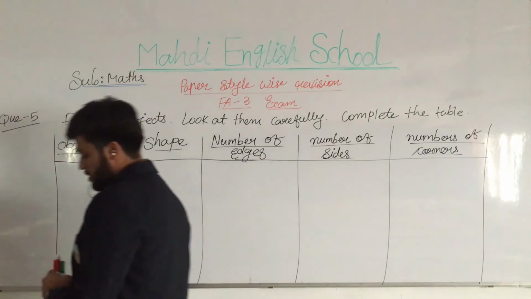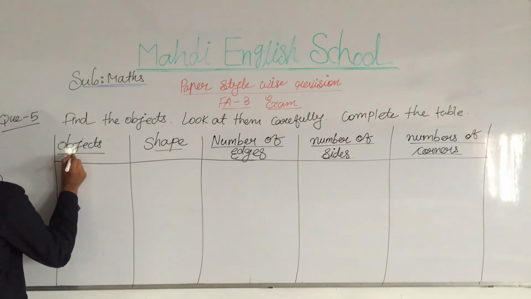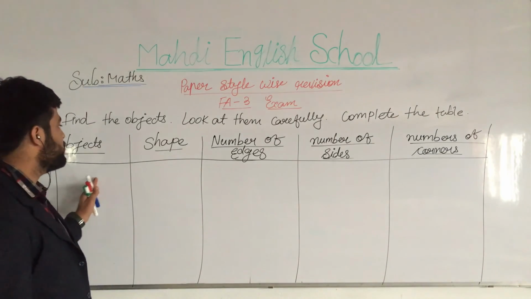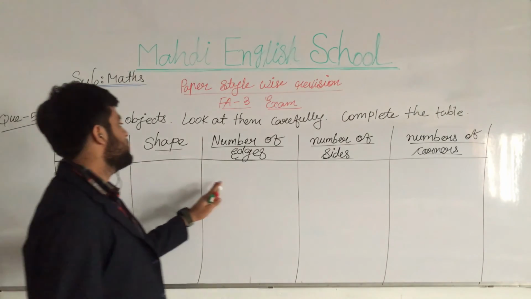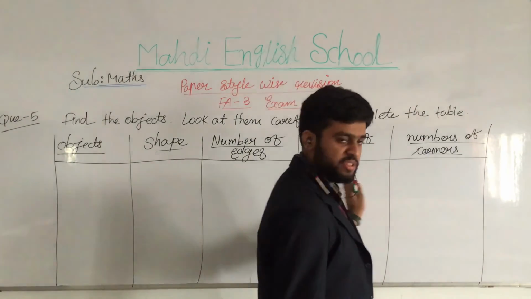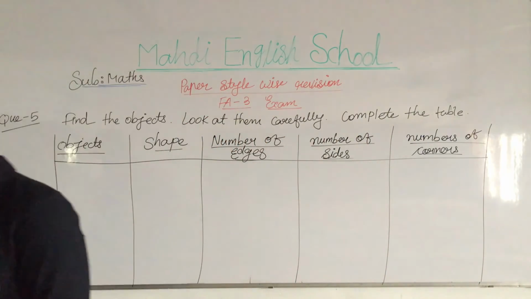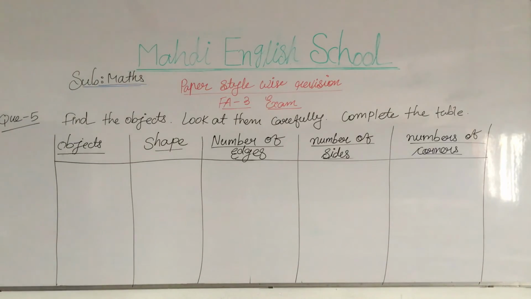So, my dear students, these are all the things we are going to learn. Now I will give you time. You have to write the objects, shape, number of edges, number of sides, and number of corners. Then we will move on further. Let's start writing all of this in your book quickly, because we have little time for solving this question.